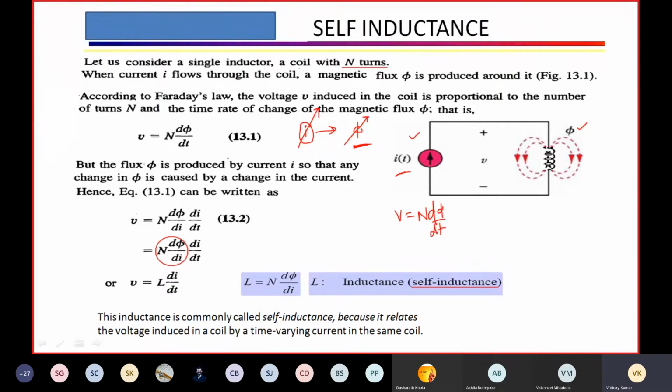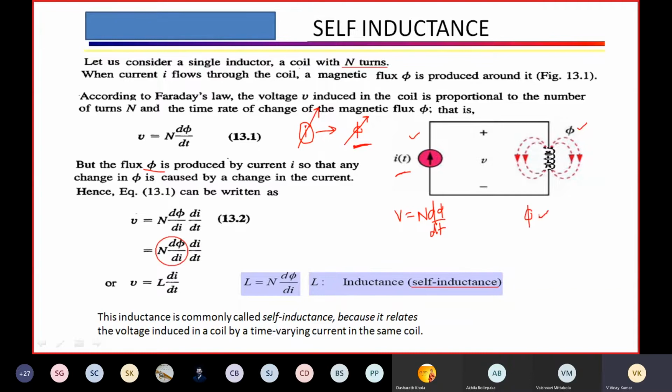The flux phi is produced by current i, so any change in flux is caused by a change in current. We can write the above equation like this: v is equal to N dφ/di into di/dt.